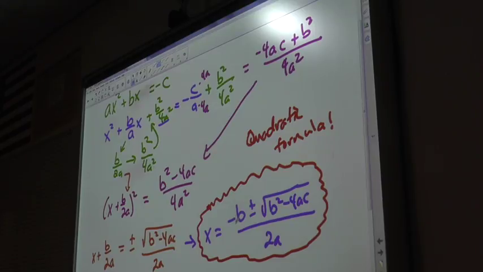This solves every single second degree polynomial that exists, not just in Tucson, not just in Arizona, not just in the United States or even the Earth, but in the entire universe. All of them. Solves them all.